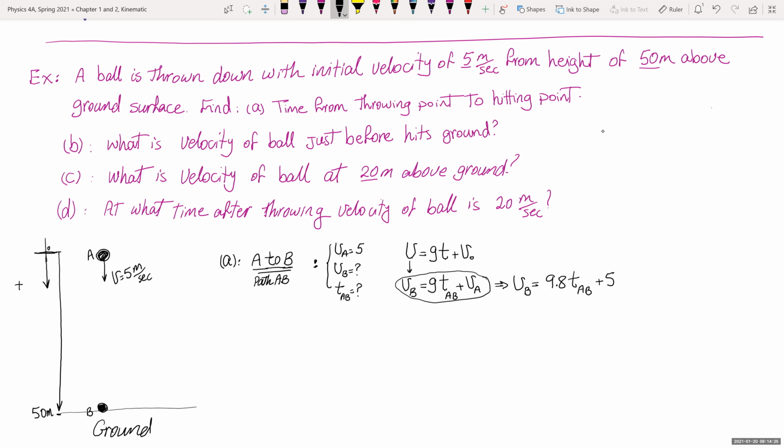Correct? This doesn't help me. No help. I can't solve this problem with this equation. Why? Because I have two unknowns.